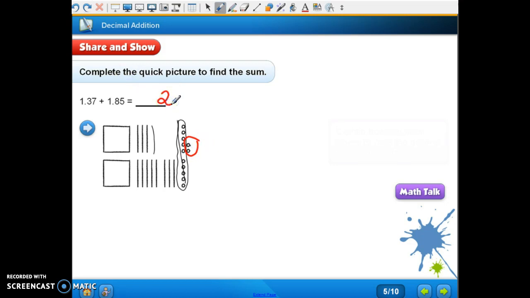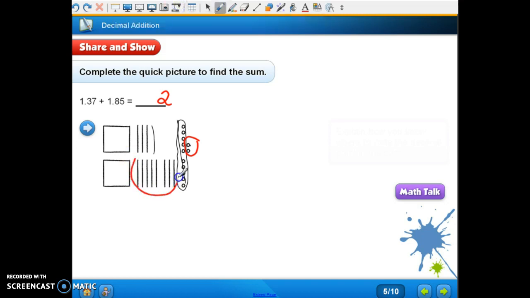Now let's do our tenths. We have 5, 6, 7, 8, 9, 10, 11, 12 tenths. So we need to do what? Regroup. So how many are we going to put in our group? How many do we put in a group so we can regroup? 10. Okay, so there's 8 down here, right?